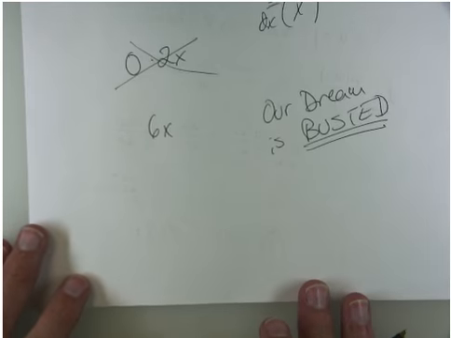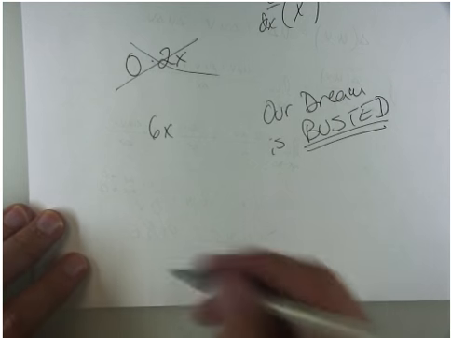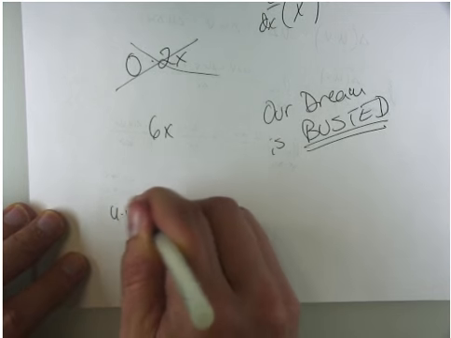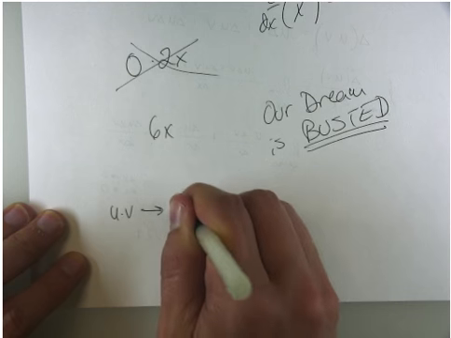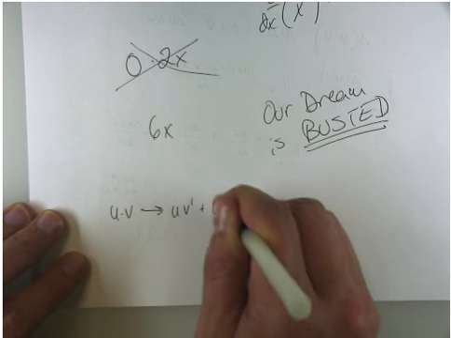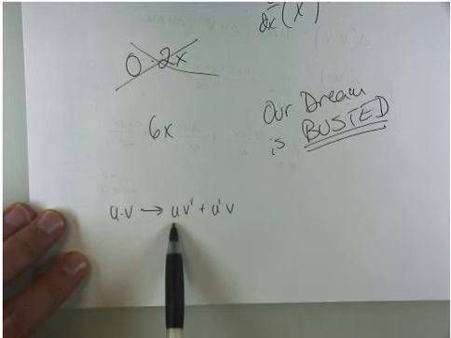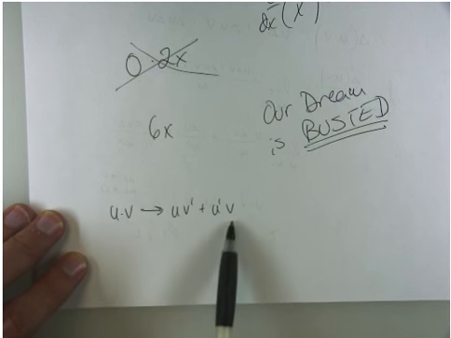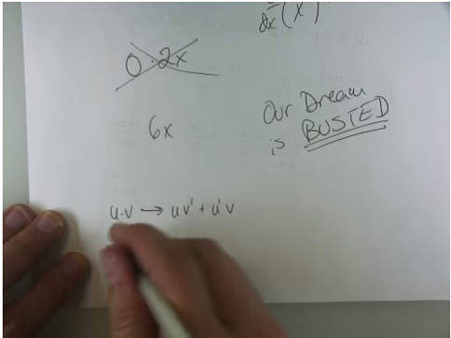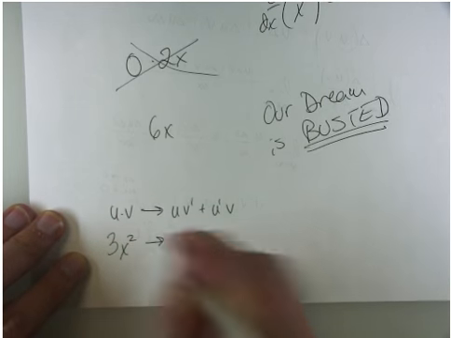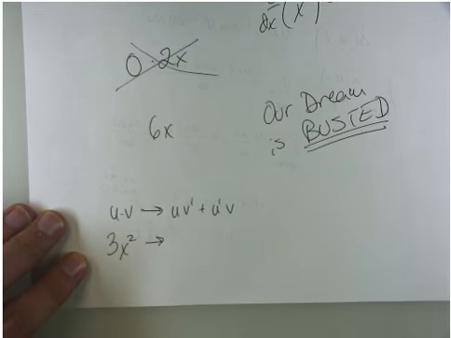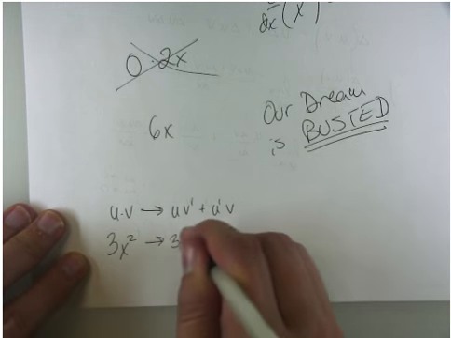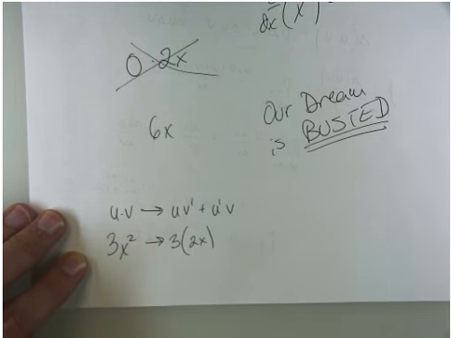So we go back to our previous example with our busted dream, right? I'm thinking u times v goes to u v prime plus u prime v. So 3x squared should be going to 3 times 2x, right?